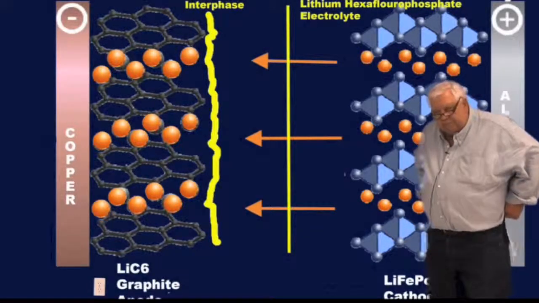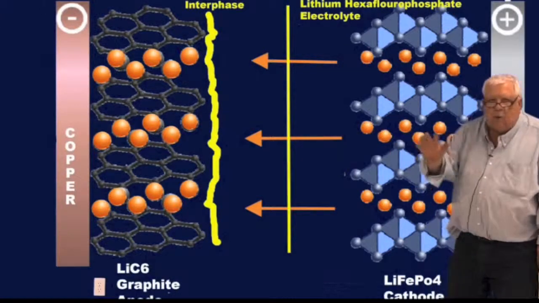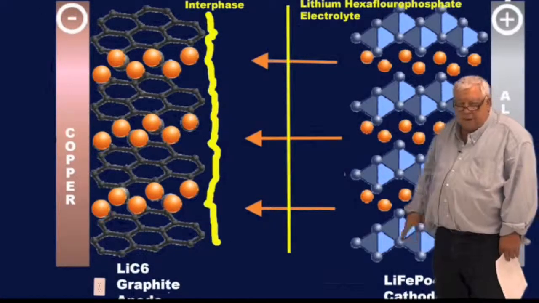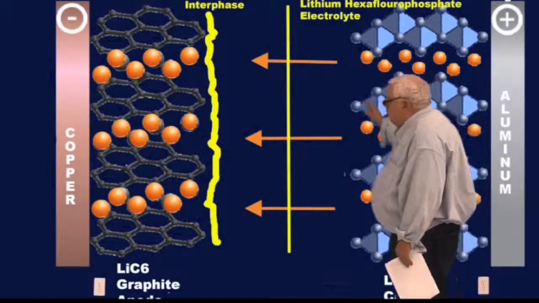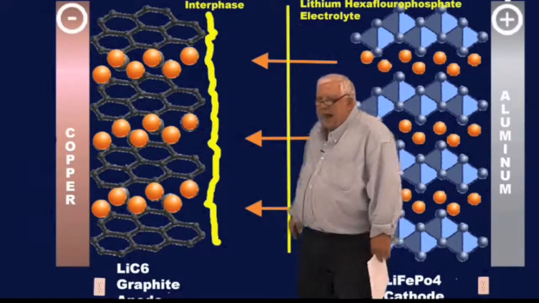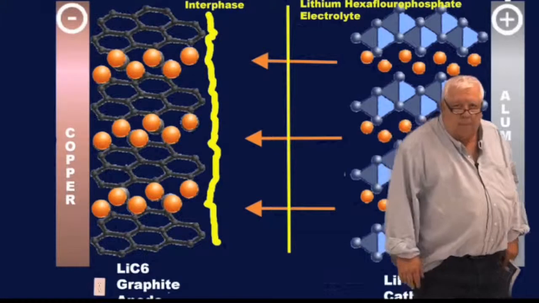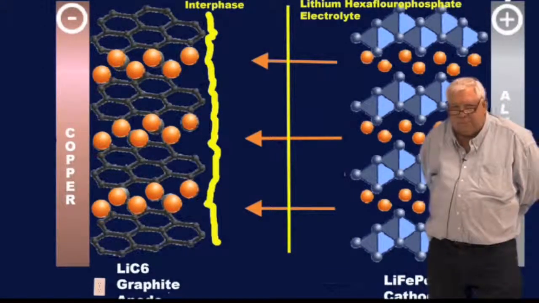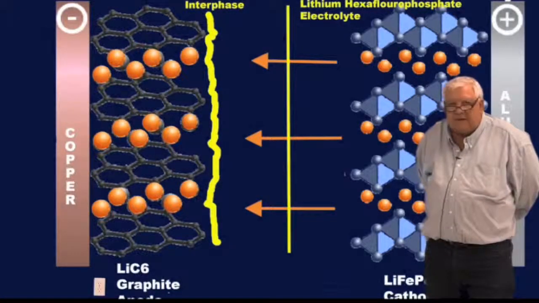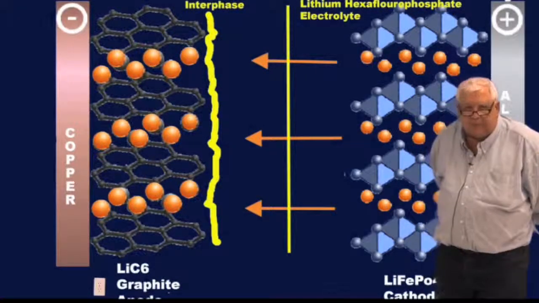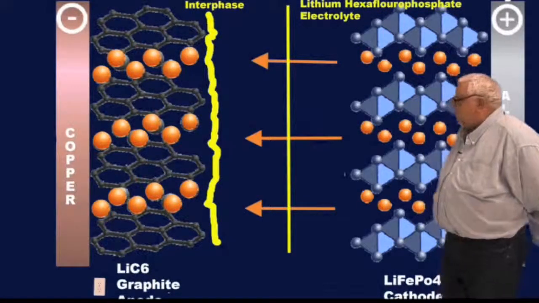And so that's the function. In the formative charge of the battery, primarily, our lithium ion is trekking across here, and it reacts with these solvents, primarily, in some bad ways. And that causes the solvents to precipitate some solid matter, some precipitates that come out of the solution and become solids.